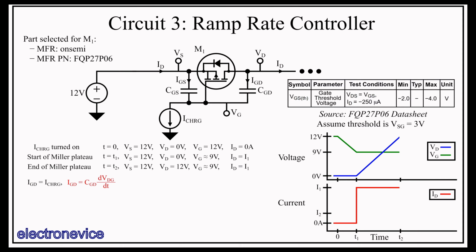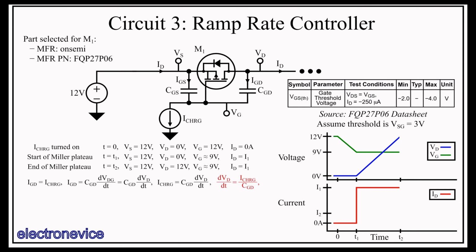Note that since VG is constant during this time, VdG simplifies to VD, and so this becomes IGD equals CGD times dVd/dt. And thus I-charge is equal to CGD times dVd/dt. Rearranging to get the derivative on the left, we get dVd/dt equal to I-charge over CGD.